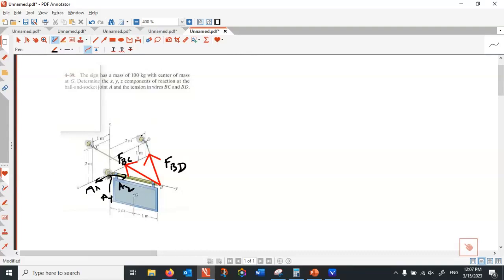And in this cable, that cable we included. So what is left is the weight of the panel. The weight of the panel is 100 kilogram times 9.8. This is almost 1,000.